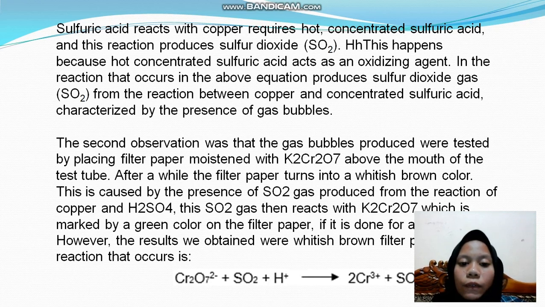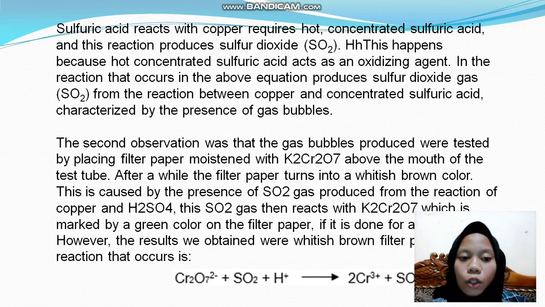After a while, the filter paper turns a whitish brown color. This is caused by the presence of sulfur dioxide gas produced from the reaction of copper and sulfuric acid.